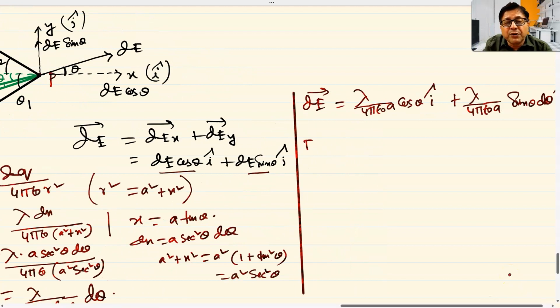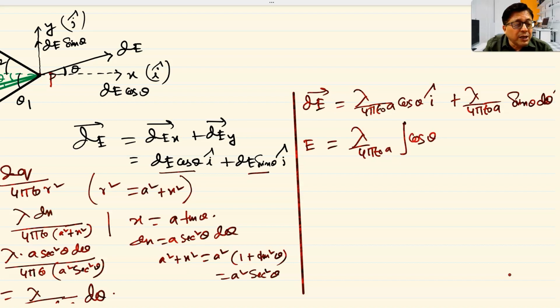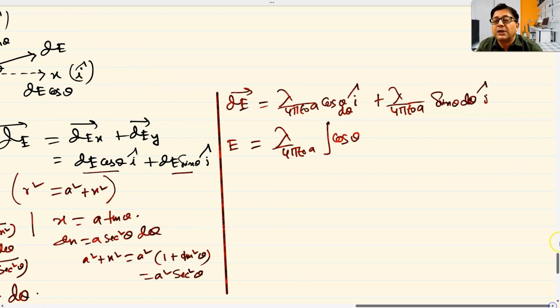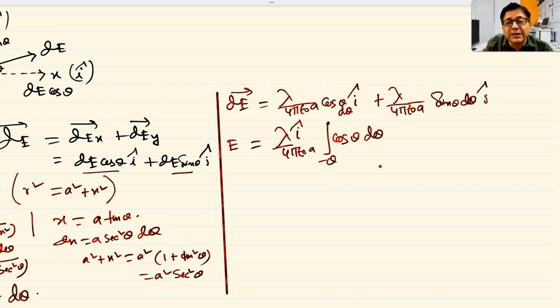E is going to be equal to the integration of, you keep lambda by 4 pi epsilon-0 a common. It is common to both. Cos theta d theta, and sin theta d theta. I have taken d theta for one, the other one I forgot. So cos theta d theta, this i cap you take out, from minus theta 1 to theta 2. I have explained why.